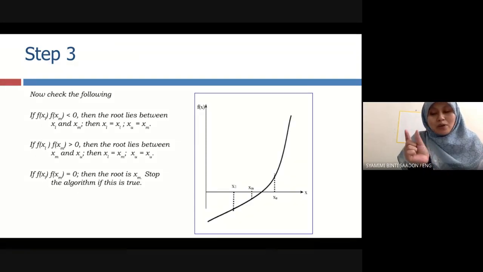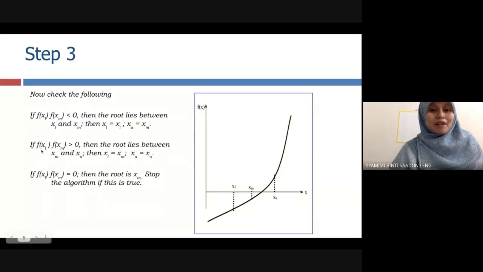That is why the interval initially is XL and XU. Now, if XL and XM have different signs, we assume XM is now the XU. So we cut this part, and only this part remains.